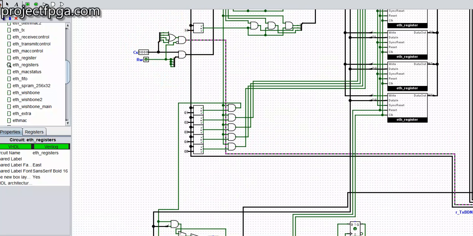So one of the criteria is that if this write select is off, therefore we are reading. And if we select any, so long as it's not 0, let it be 1. And this is what does our chip select here.